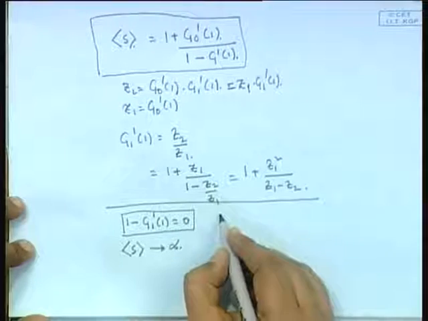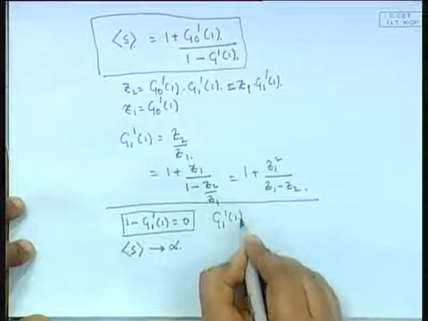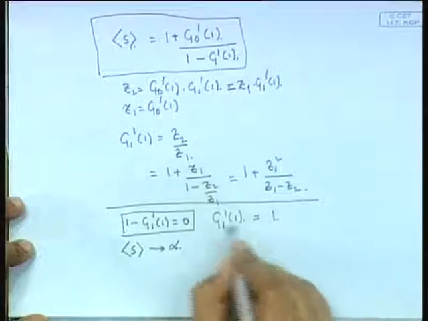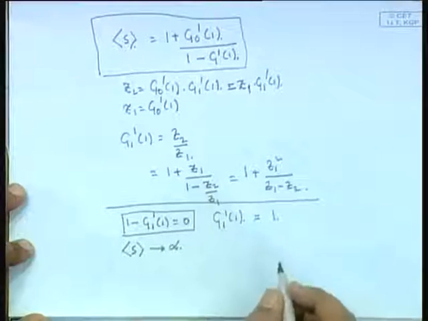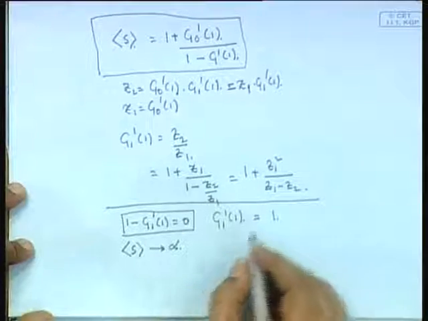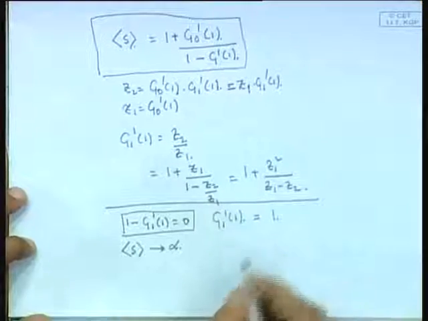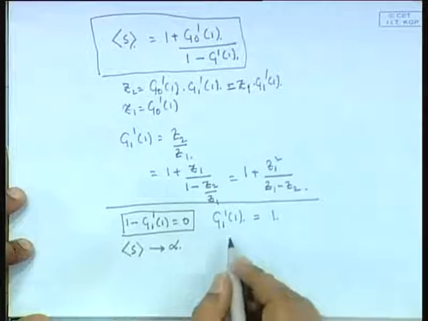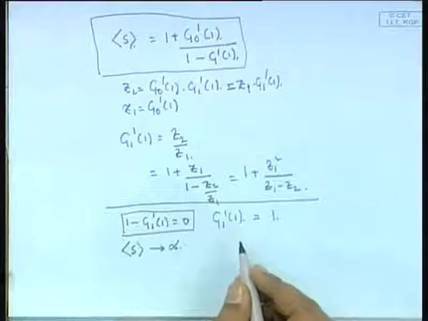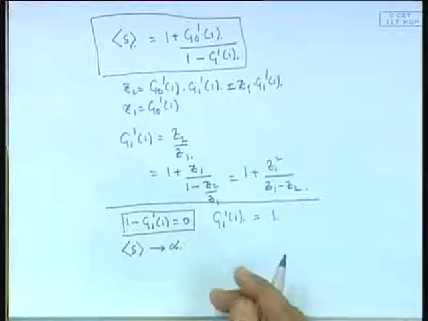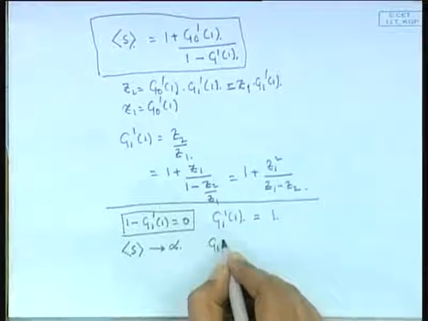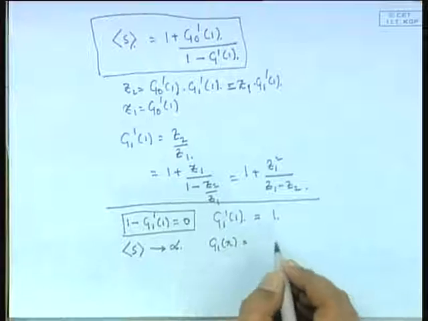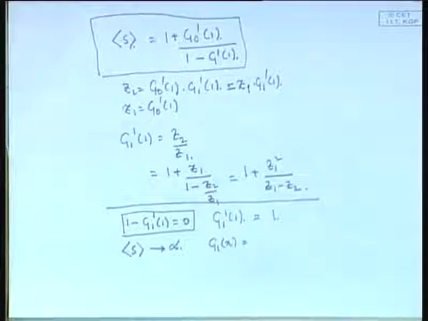Okay. And now, let us try to do it. What is G 1 dash 1? I want to write it in terms of k and p k. So, let us go back and try to write G 1 x in terms of k and p k. Okay.